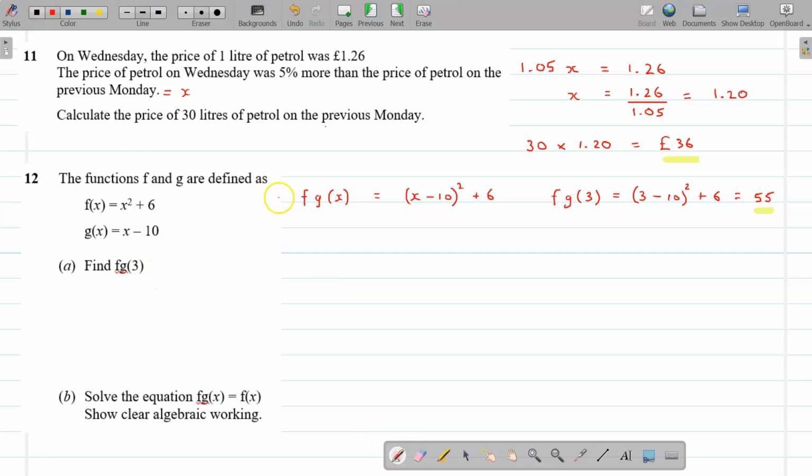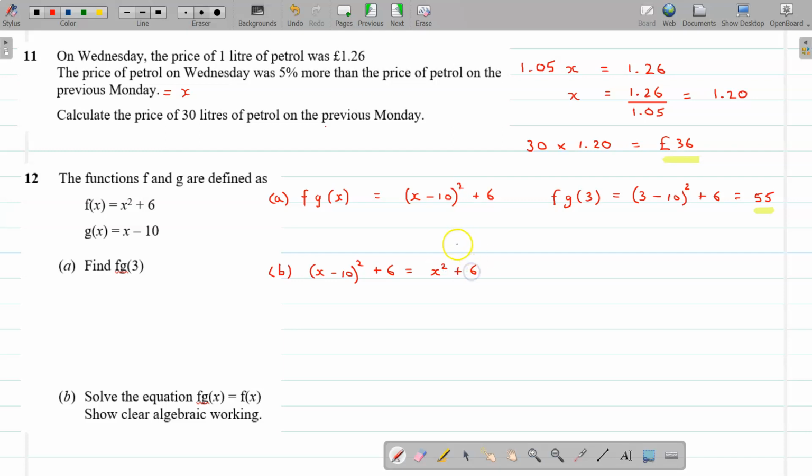For part B, what we now have to do is solve the equation that fg of x equals f of x. Well, fg of x is x minus 10 squared, plus 6, and that's got to equal f of x, which is just x squared plus 6.